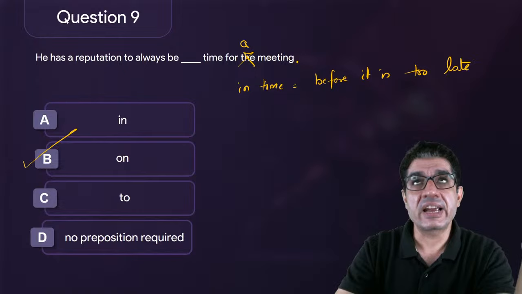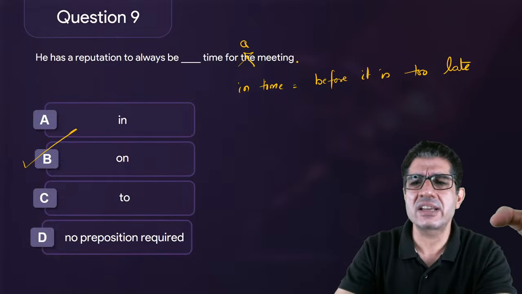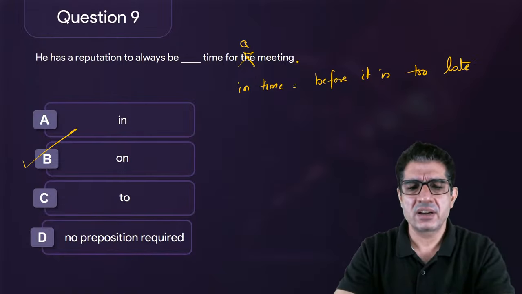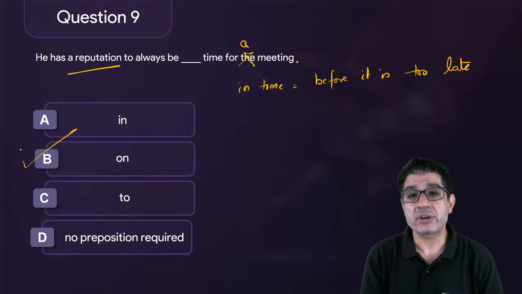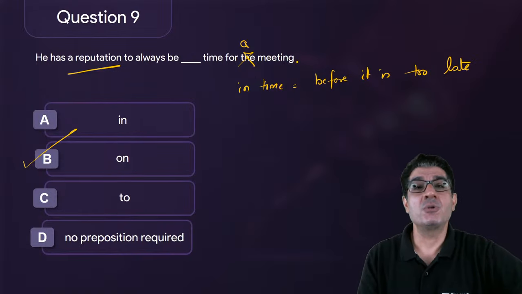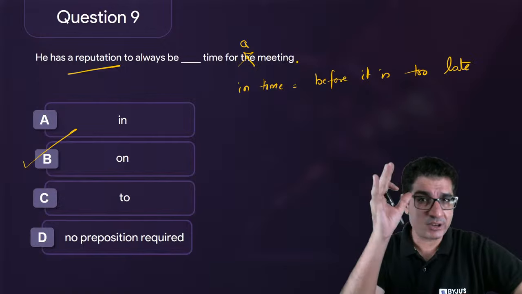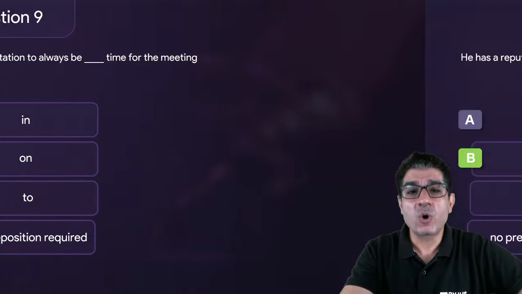If I say she arrived at the office on time, it means the typical starting time of the office. So as scheduled. So here, when you say he has a reputation, then it basically means that he's somebody who definitely turns up right on the dot. So in this context, I definitely use on.